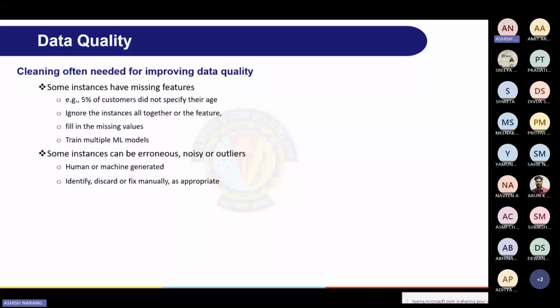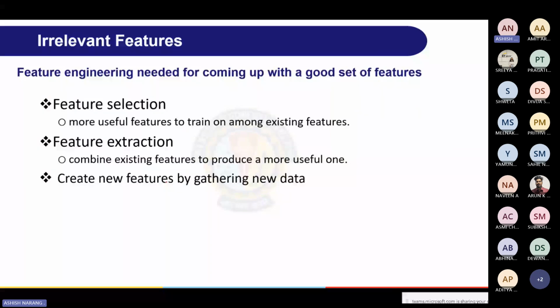Then comes feature engineering, right? We have talked about it. We said that there is training data, you feed it to the model and then start training it. But the data size may be huge. It might have a lot of features. If I talk about a customer, there could be customer ID, name, age, date of birth, place, and so many features, right?